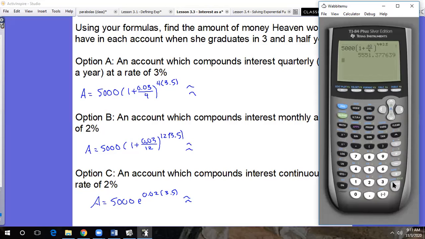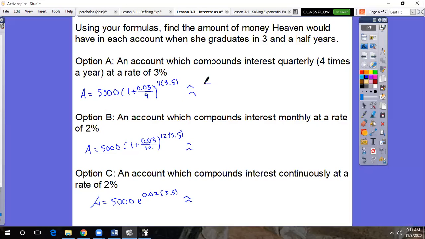We can put this in our calculator, press enter. So this is about $5,551.38. All right, now let's look at the next one.